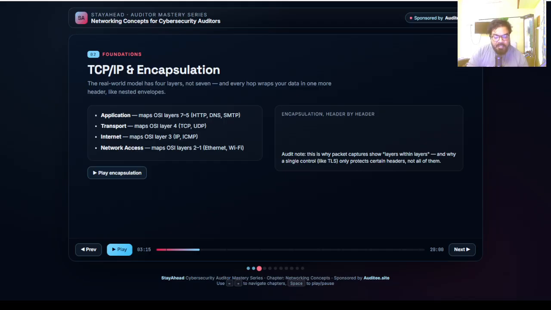The only thing that actually travels across the wire. This is exactly why a packet capture shows layers within layers, and it's why a single control like TLS only protects certain parts, the payload and some transport metadata, while addressing information at lower layers remains visible to anyone watching the wire.